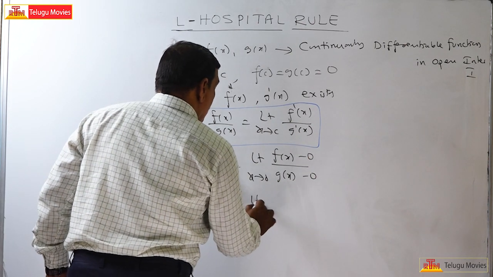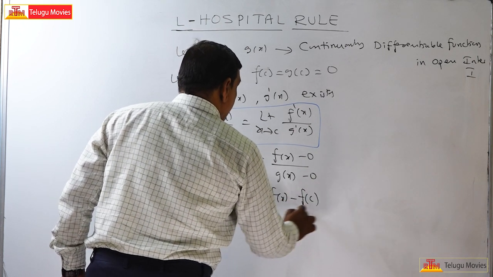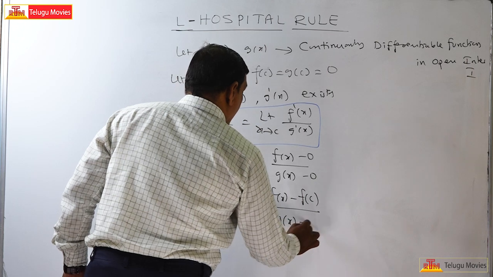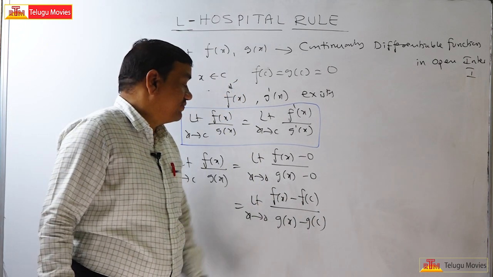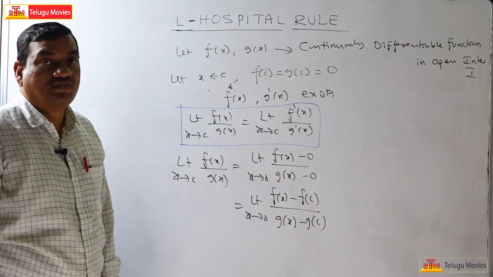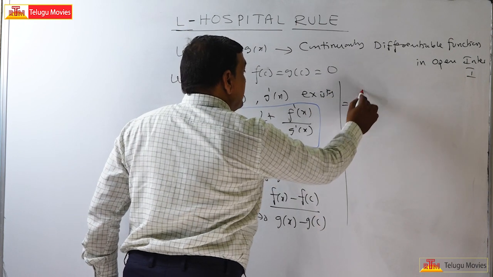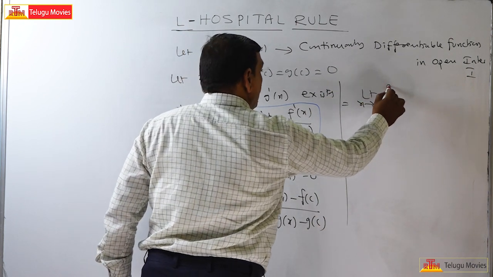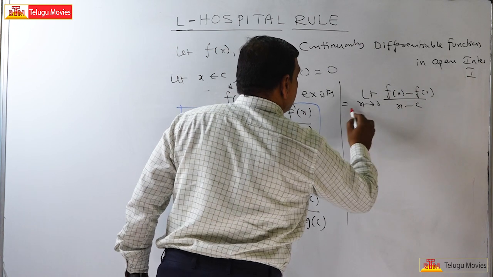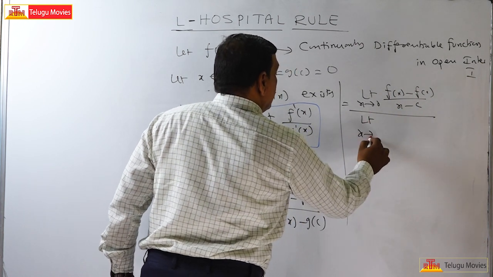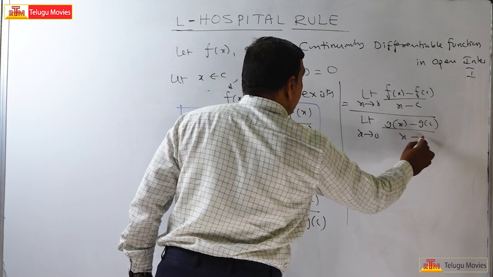So this is equal to limit x tends to c f of x minus f of c by g of x minus g of c. Again, we can write it as limit x tends to c f of x minus f of c by x minus c, divided by limit x tends to c g of x minus g of c by x minus c.